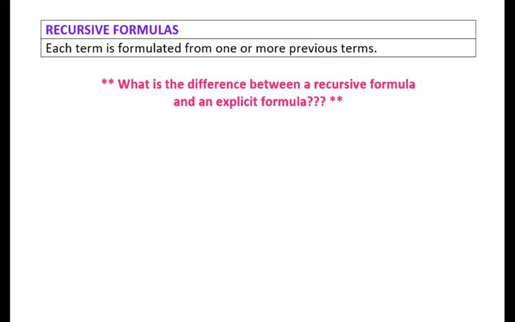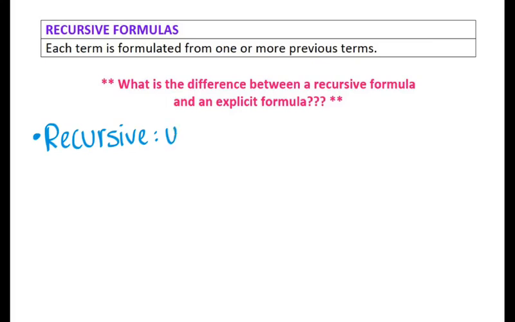So the definition of a recursive formula: each term is formulated from one or more previous terms. For a recursive formula, we use the previous terms to find new terms. So what is the difference between a recursive formula and an explicit formula?